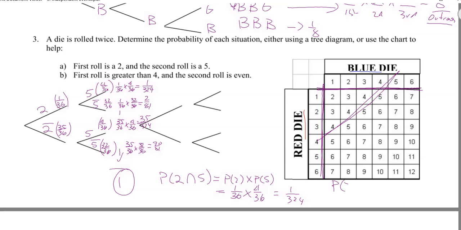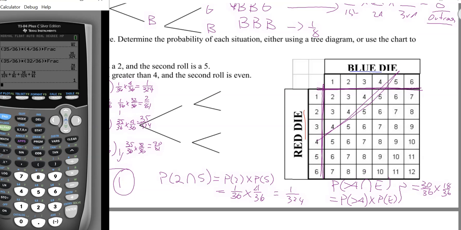So probability of greater than 4 and even. So the probability of greater than 4 times the probability of even. So 30 out of 36 are greater than 4, and even is half the numbers, right? We did this a while ago, 18 out of 36.